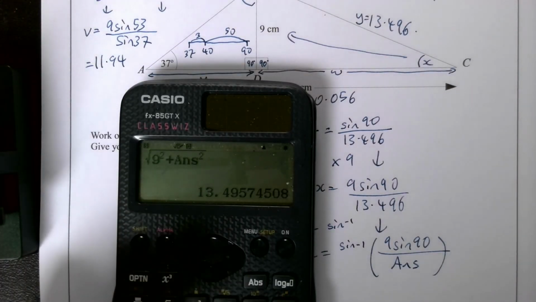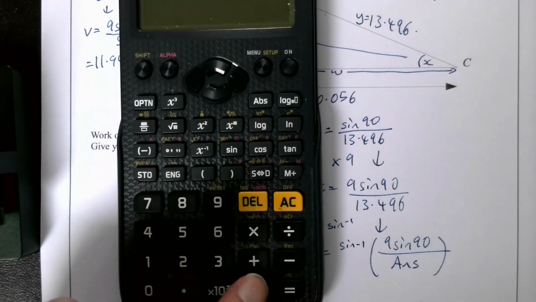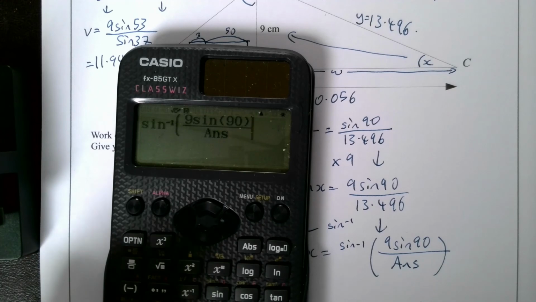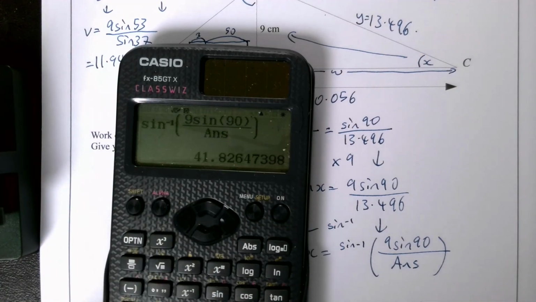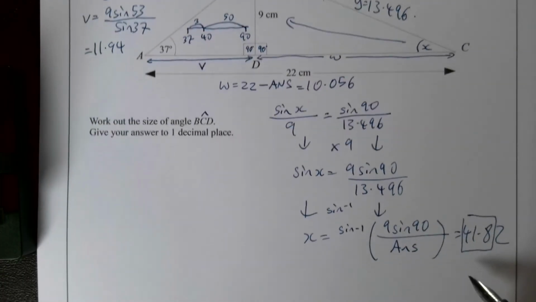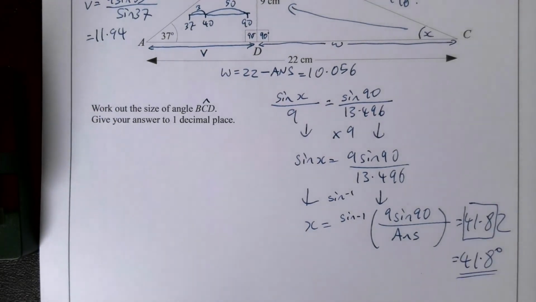So shift sine, open brackets, 9 sin 90, close brackets, to the bottom, just press answer, come outside of the fraction, press that, and that gives us 41.82. Now we want that to 1 decimal place, so that is the one that I round, and that's the final answer.